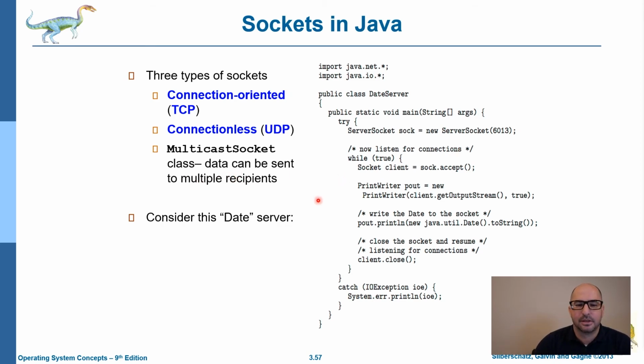So in this example, we have a date server, which creates a new endpoint, and this server socket is 6013, so whatever the public address of this server, port 6013, and it will accept a client that makes a connection that will establish the link between the two, for which it can write information to the client through this print writer object, send the information, and then close the connection.